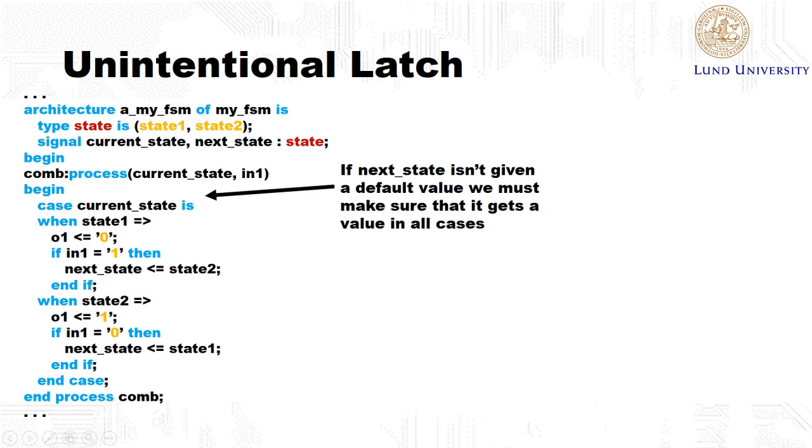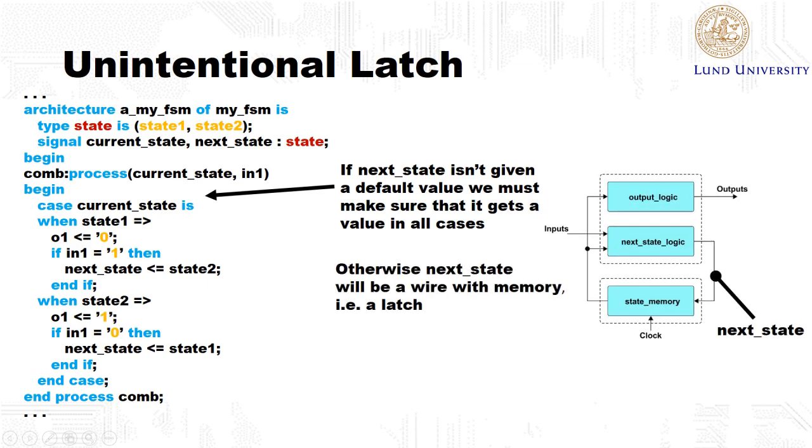And when we run this through the synthesis tool, the tool will detect this and it will think that we would like to have some memory on this signal. This means that we will get a latch on the next state signal. This is not what we want. And the tricky part is that when you run a simulation, it might seem like the circuit performs as intended, but when you later on download the configuration to an FPGA, you get a really strange behavior where the circuit sometimes behaves as intended, but other times it doesn't.